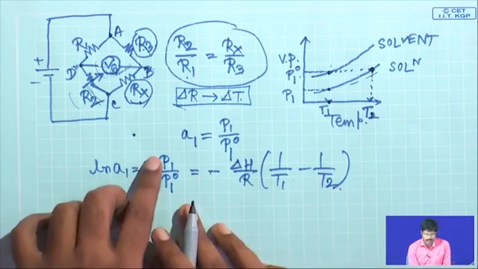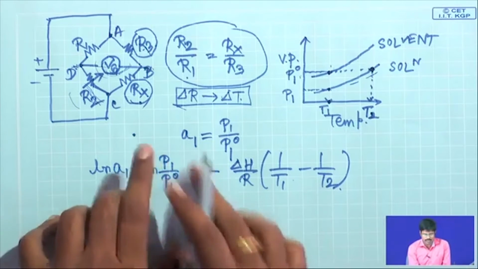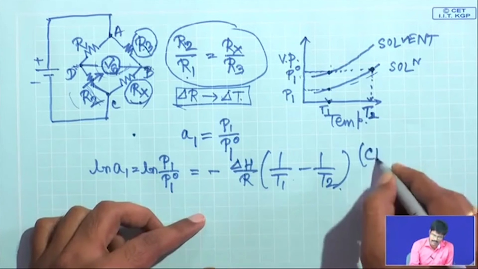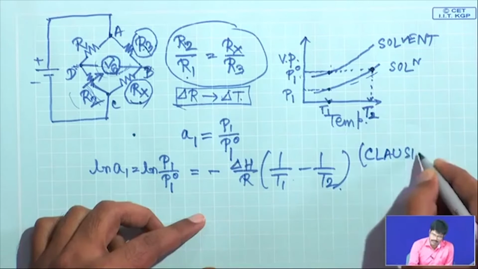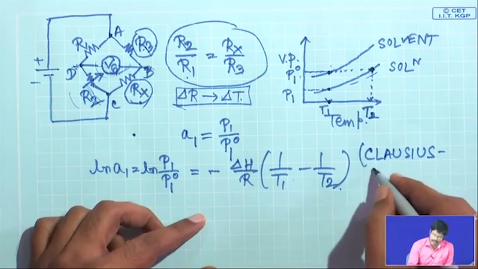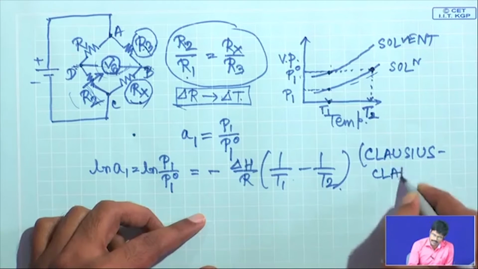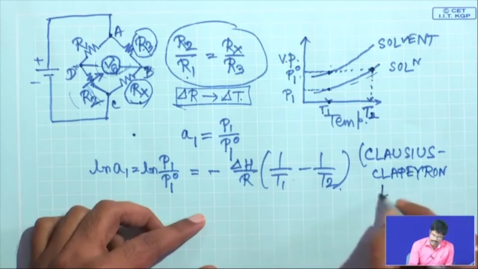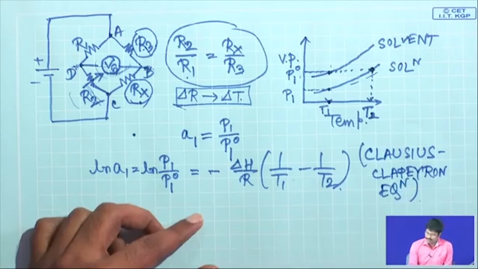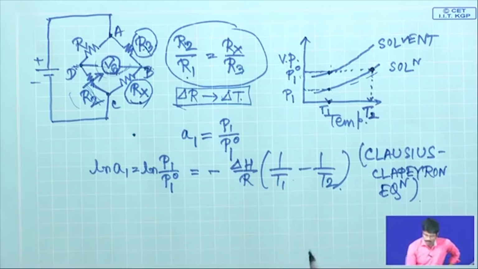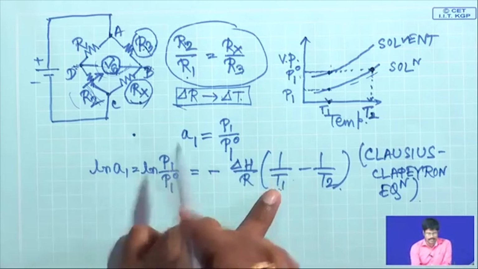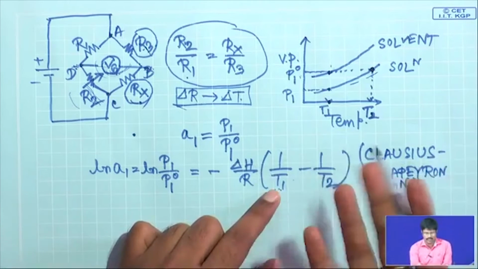So, this is how the vapor pressure of a solution changes with temperature. This relationship is basically the Clapeyron equation.